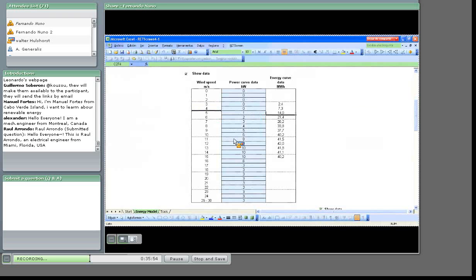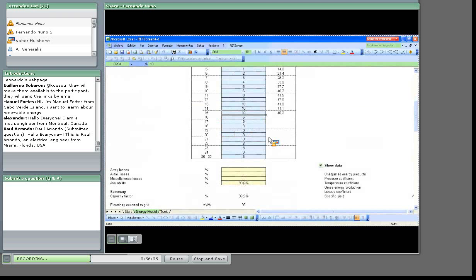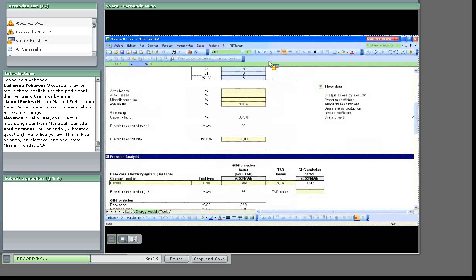So for 5 meters per second we have this generation, and then the best ratios are comprised between 13 and 15, because here we have the maximum output power. Then in this case, using this more accurate method, we find a capacity factor slightly higher than we previously used, so 39.9.